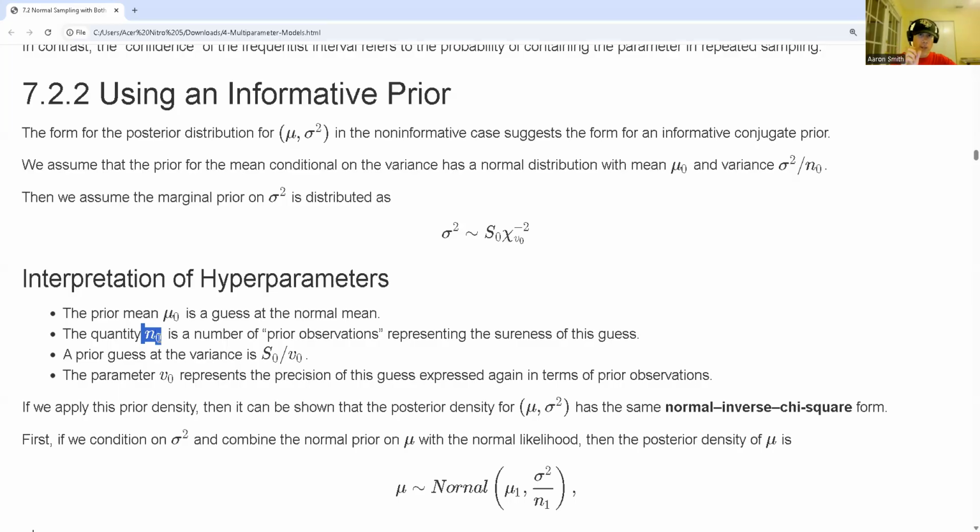If I have very little confidence in my prior, then I'm going to give it more variance so that the data doesn't get biased. All right, and so this is like a fictional sample size that reflects how confident I am in my prior. Now we have a prior guess of the variance.